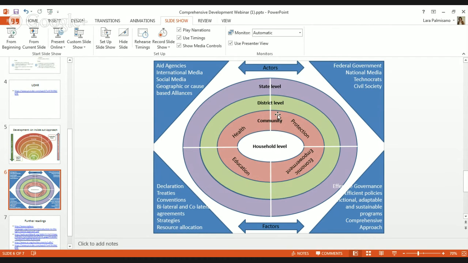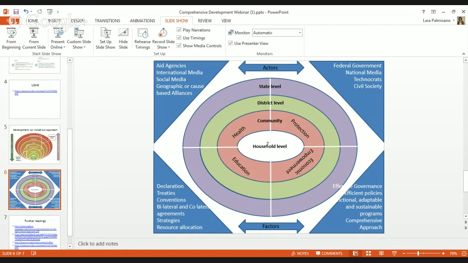Then each community has its own role of monitoring the proper construction of schools, teachers' absenteeism, students' enrollment, quality of learning, everything. This comes to the community level responsibility. And then certainly there is some household level responsibility, like parents being responsible to send their children to school.